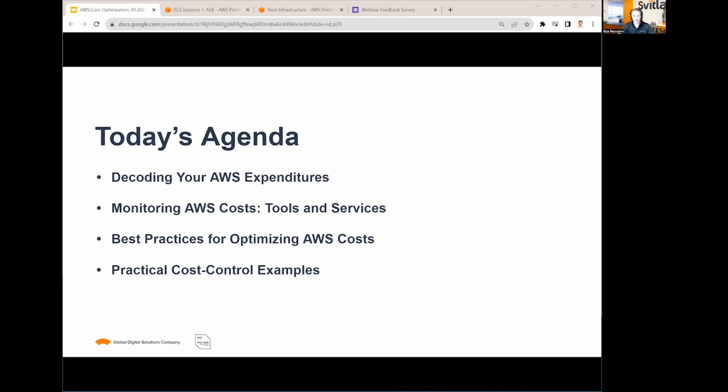Then we'll take a look at some tools and services provided by AWS, review best practices, and take a look at some practical cost control examples. So what we could really get from these tools, from the UI or through API and in an automatic way.